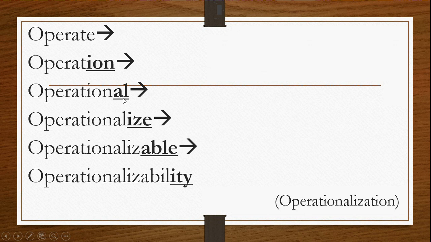Then we can take operational, and from operational we can add the suffix ize. And the suffix ize creates verbs. So from operational we get operationalize. Then we can take operationalize and attach this suffix right here, able, which normally creates adjectives too, and we can get operationalizable.